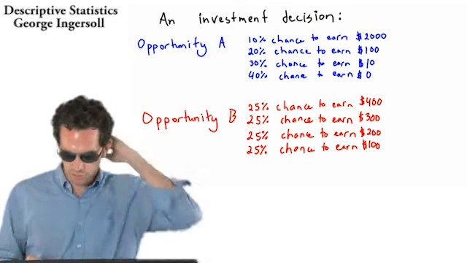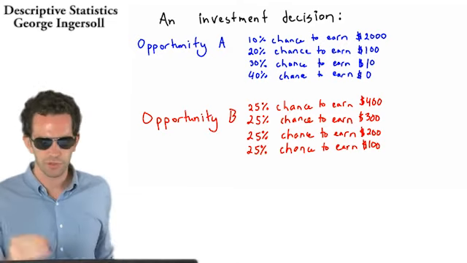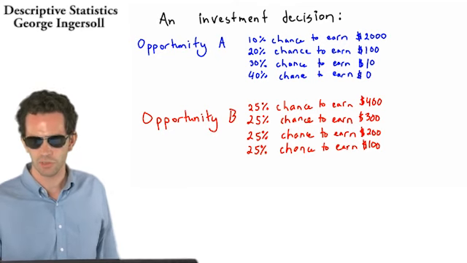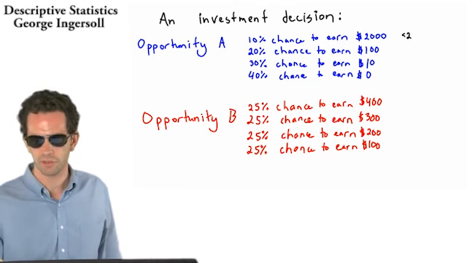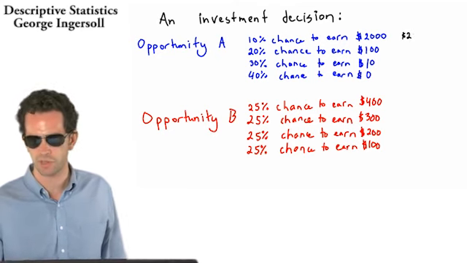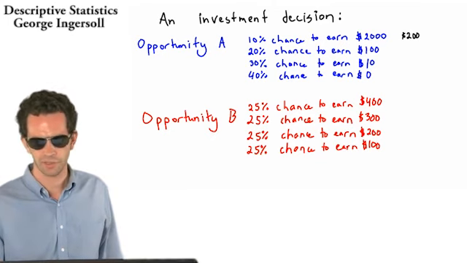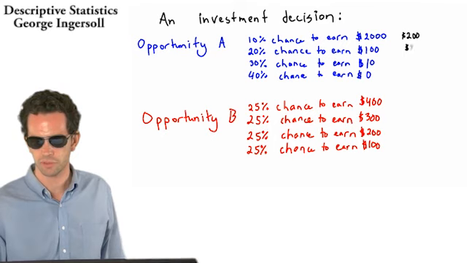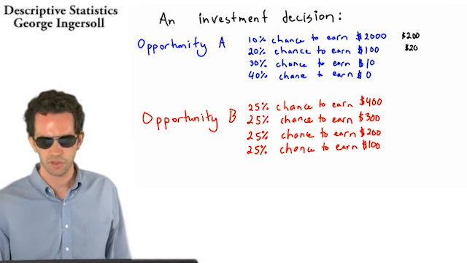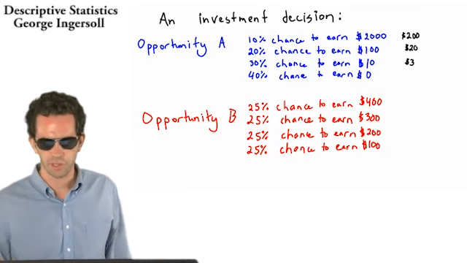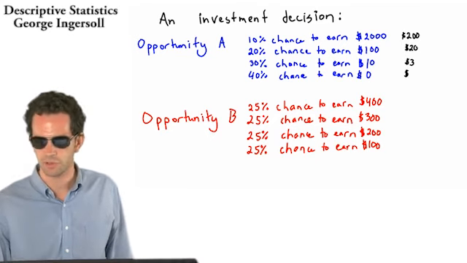So here we have two investment opportunities. The first one gives us a 10% chance to earn $2,000, so we're going to call this a value of $200 because it's 10% times 2,000. A 20% chance to earn $100 is equal to $20. A 30% chance to earn $10 is equal to $3. And a 40% chance to earn $0 is equal to $0.